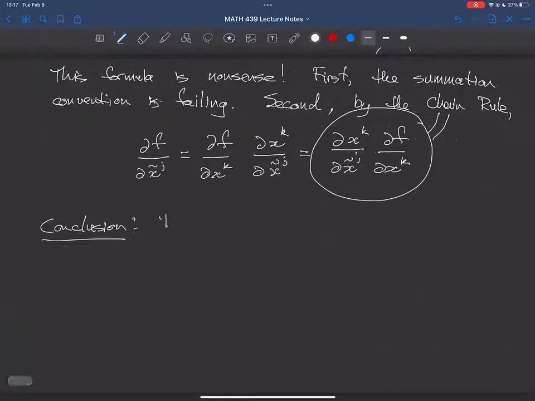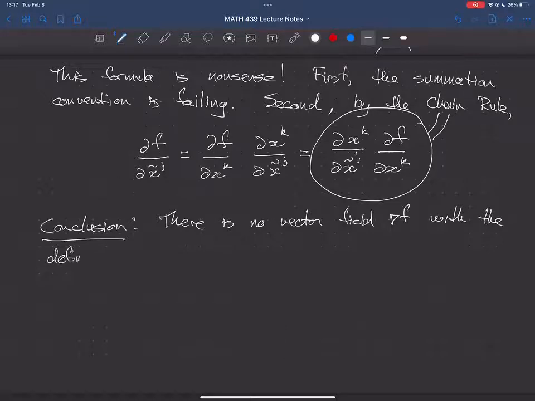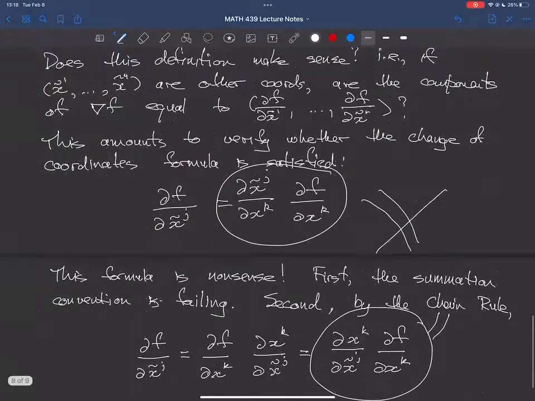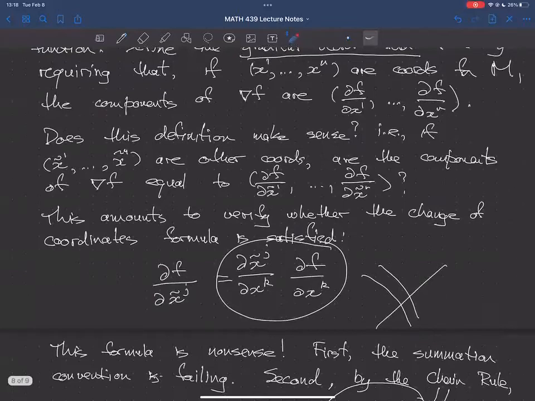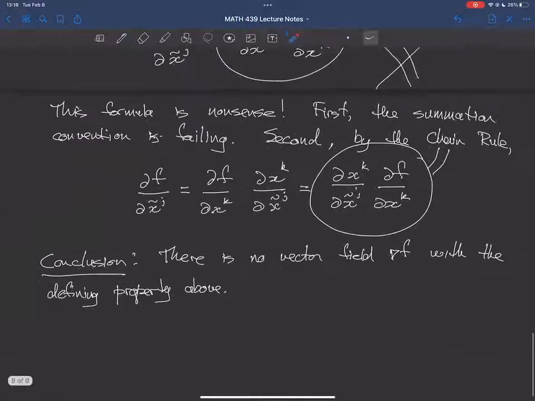There is no vector field grad f with the defining property above. By that I mean precisely that my definition was that in any set of coordinates, the components of this vector field grad f are these ones. There is no vector field with that property.